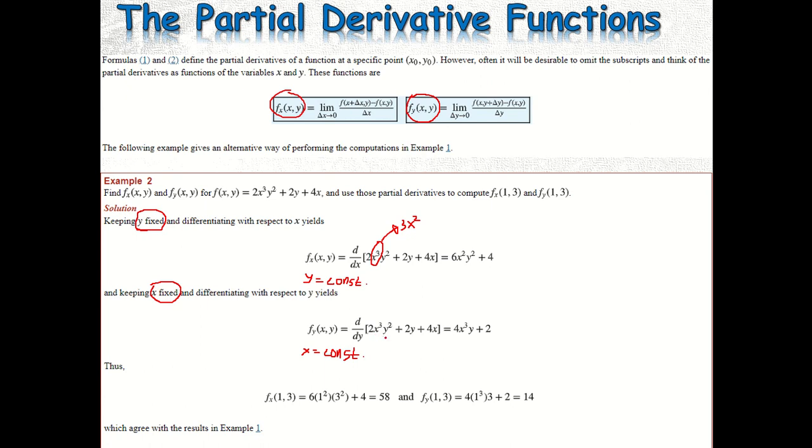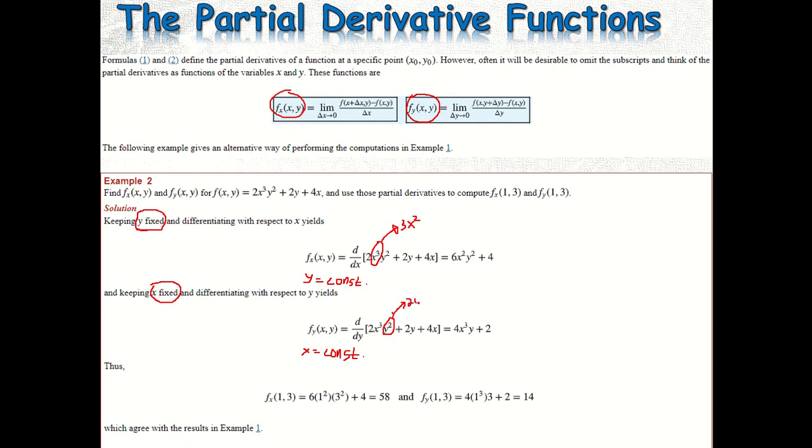Okay, so treating x as constant, 2 and x cubed are constant. So we'll just take the derivative of y squared. When you take the derivative of y squared, we use the power formula. So using the power formula, this becomes 2y.